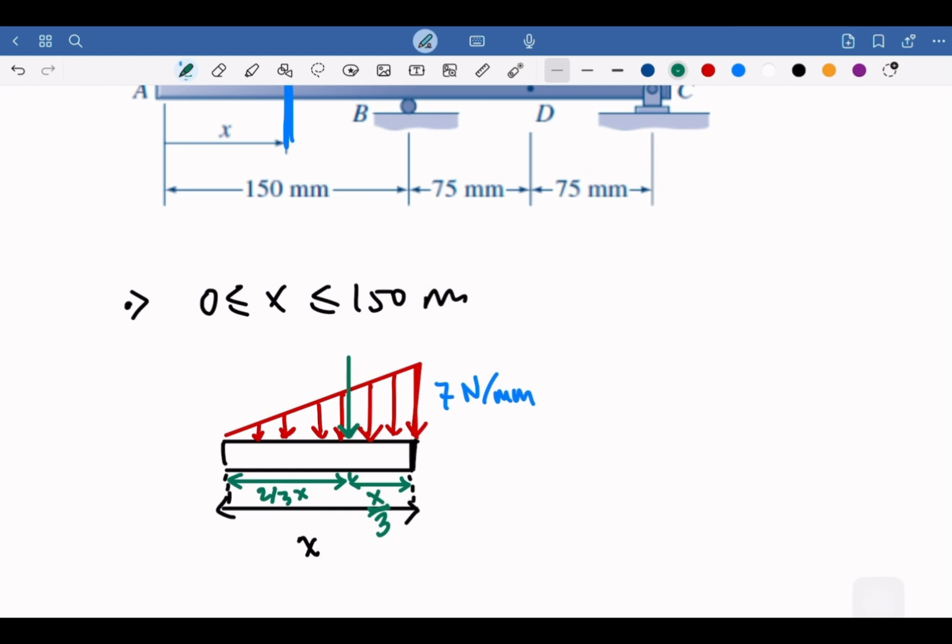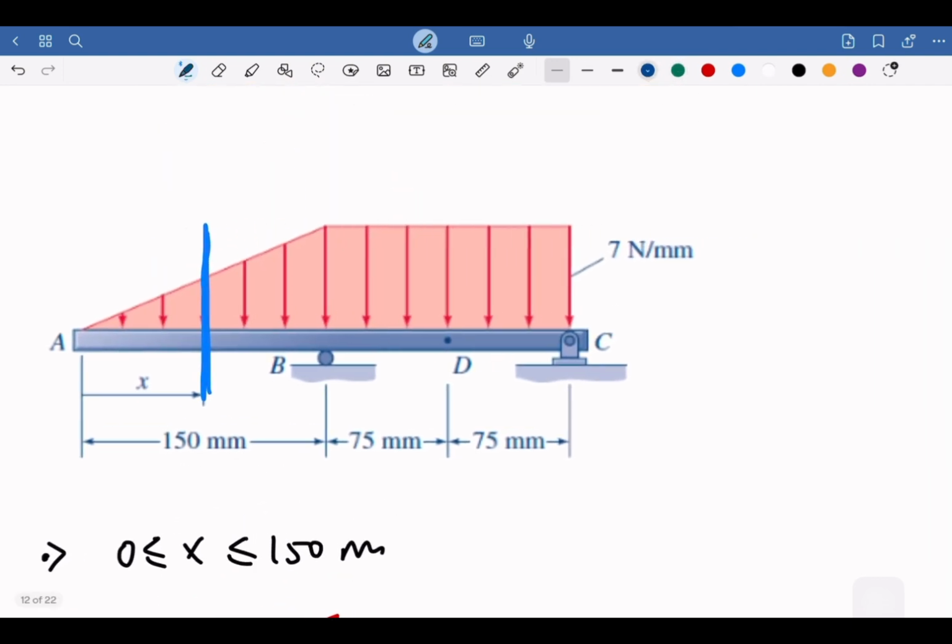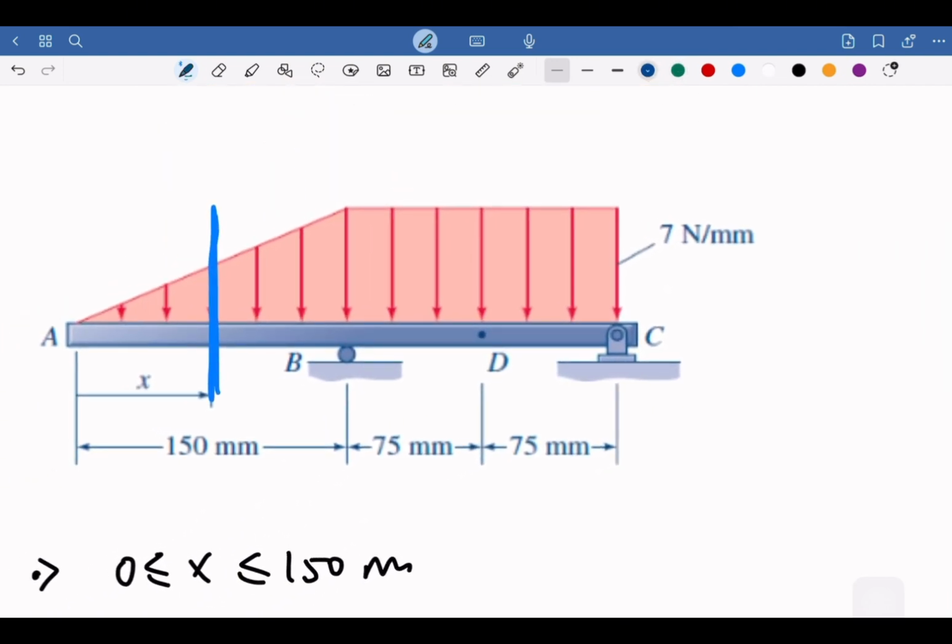And this will be 7 multiplied with... wait. This is not 7. I forgot to mention the resultants. So this is 7, right?